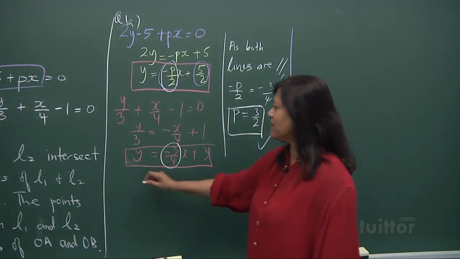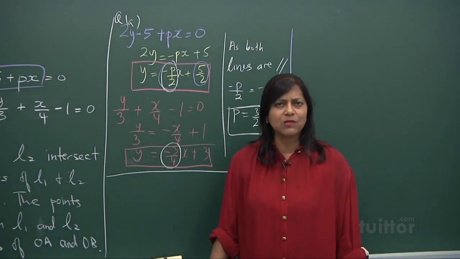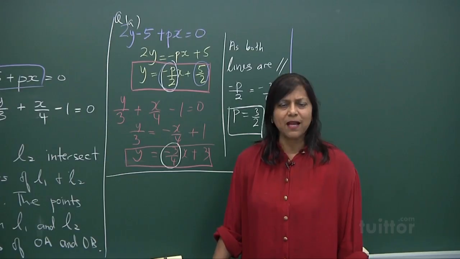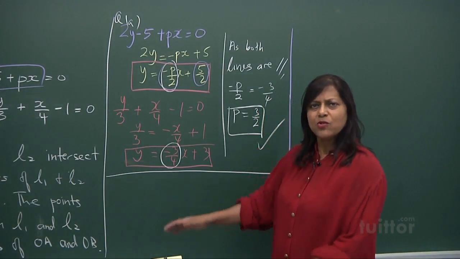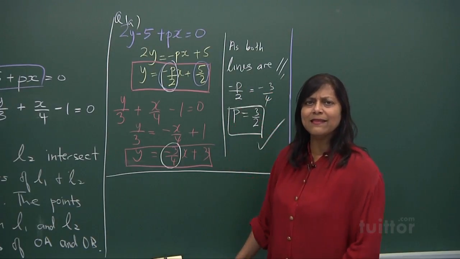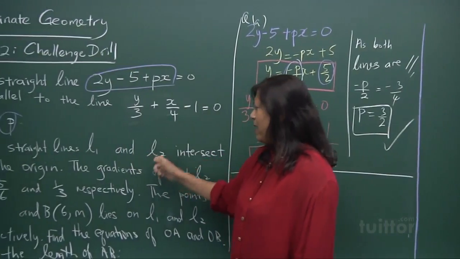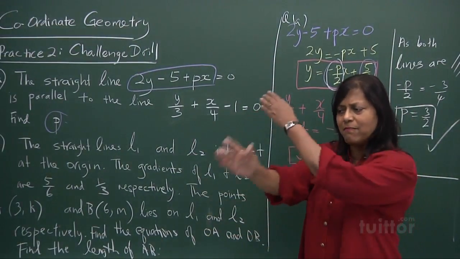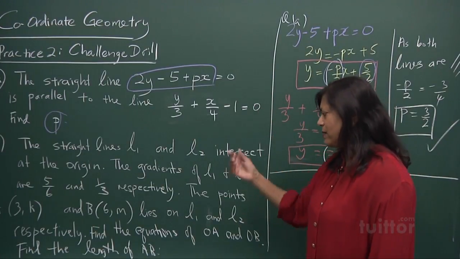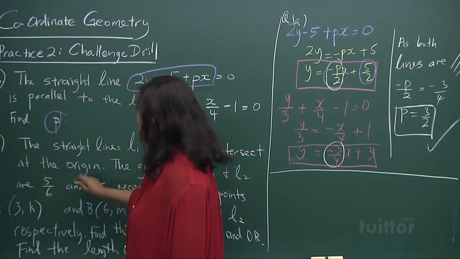Now look at the second part of the question, B. It looks very wordy, but sometimes it's good to interpret it in an easier way. Do not get disturbed by lengthy problem sums. They say the lines L1, L2 intersect at the origin. Oh la la, they meet at the origin. And what's the origin? The origin is actually 0, 0.